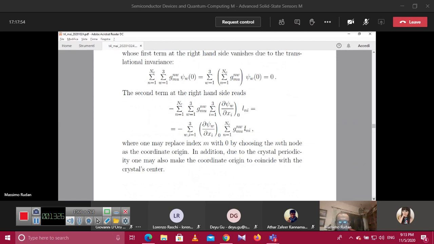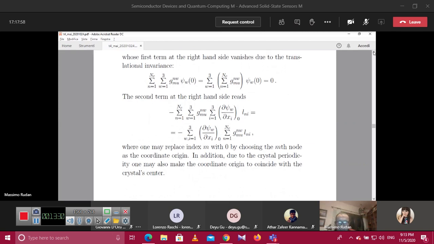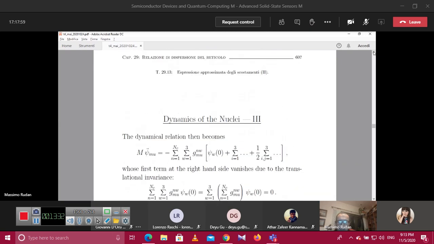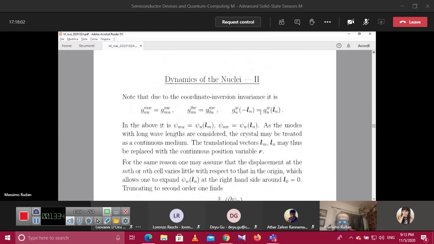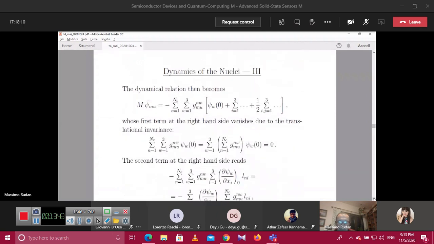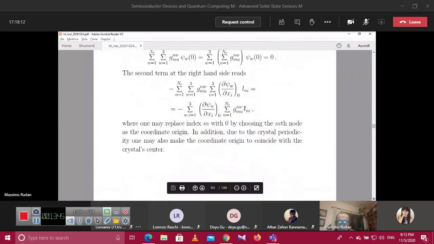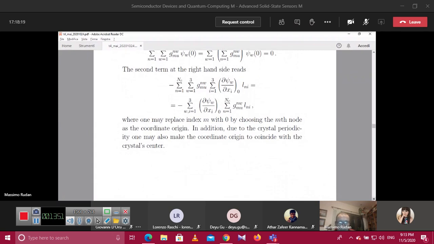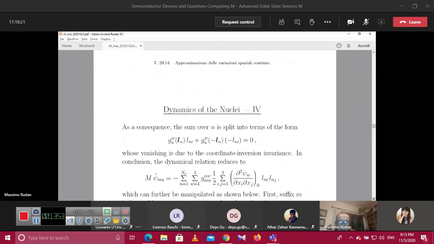But on the other hand, you remember G is invariant upon reflection. Okay, so G is invariant, as you can see here. And we have a sum in which half of the elements are positive and the other half are equal but negative. So we expect that this sum will be 0.